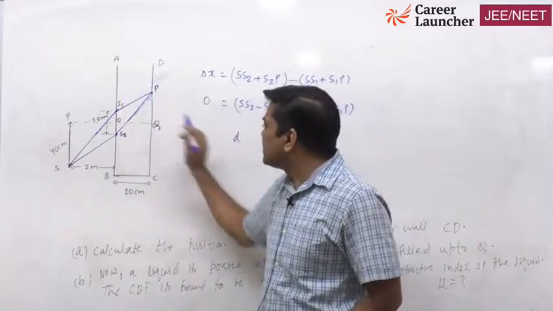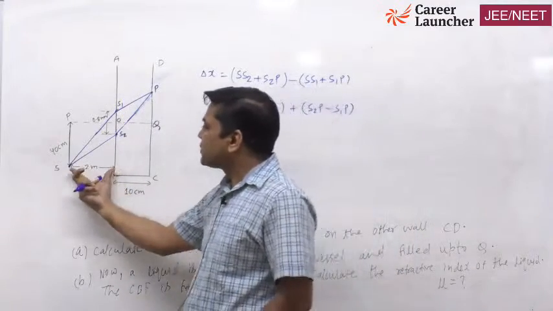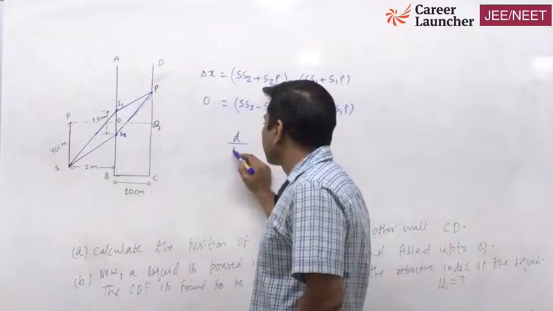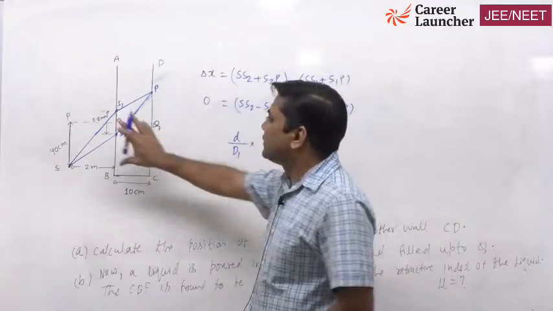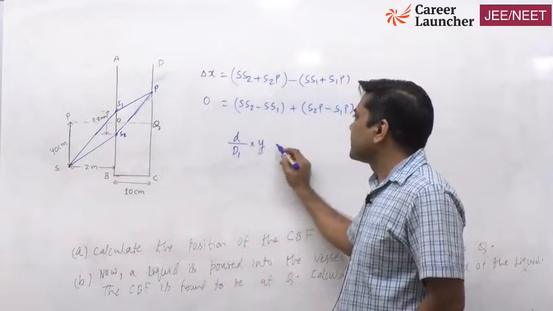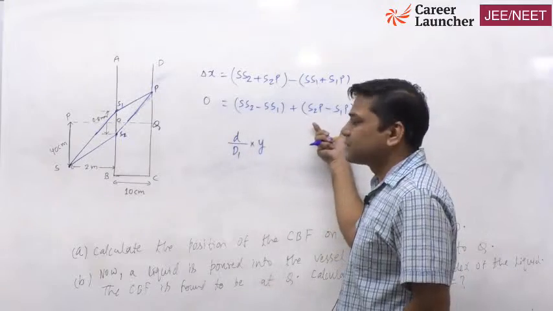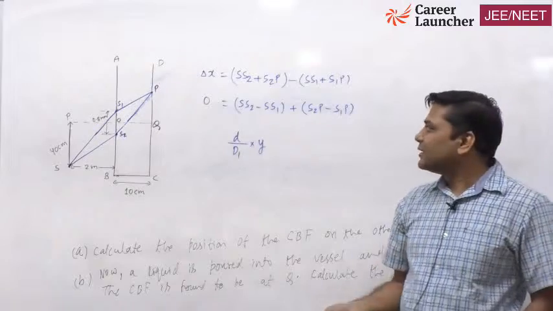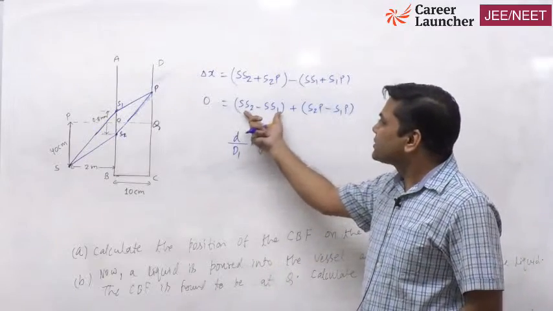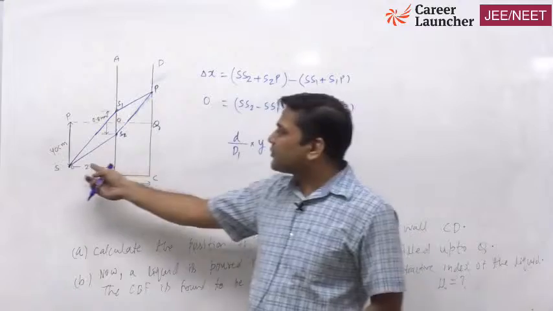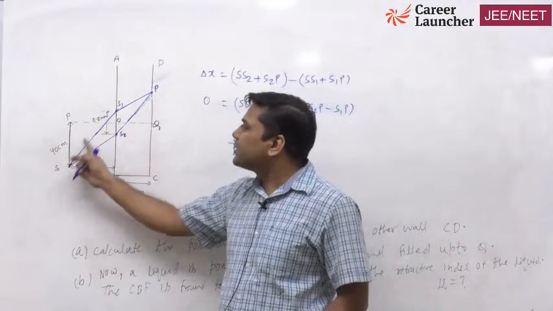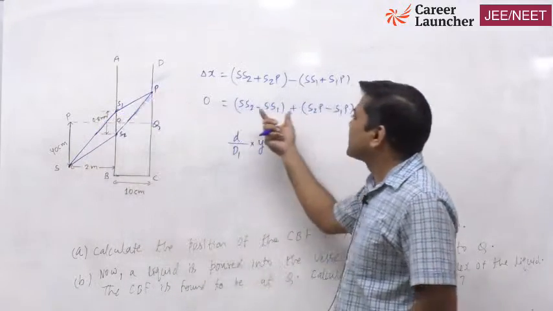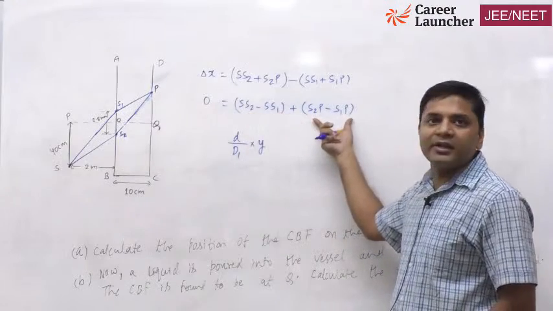It is D by capital D1, which is here 2 meter, into this Y. This must be equal to this. I am not taking the minus sign because I don't need to write the equation. So the magnitude of this should be equal to this, that means the length of SS2 to S2P must be equal to SS1 to S1P.